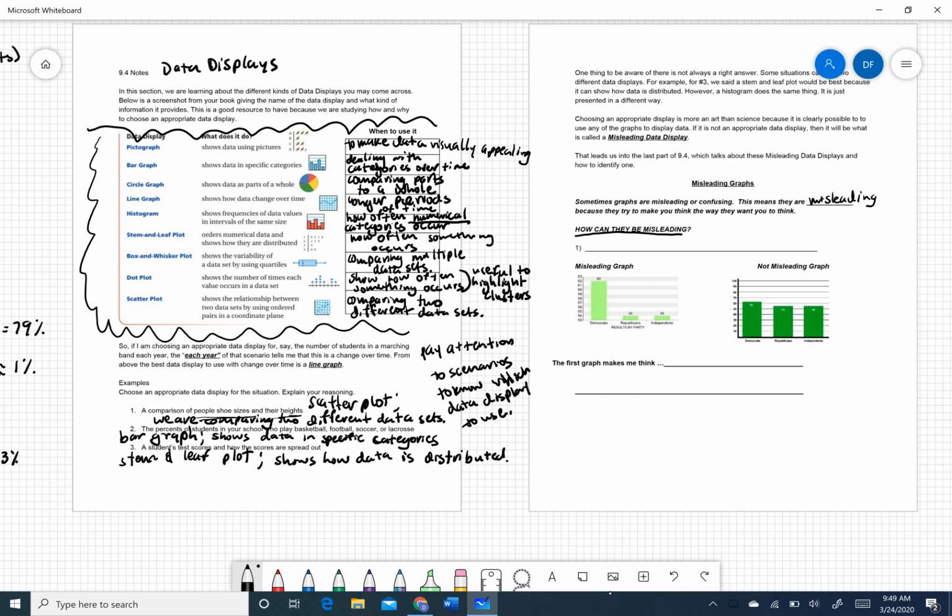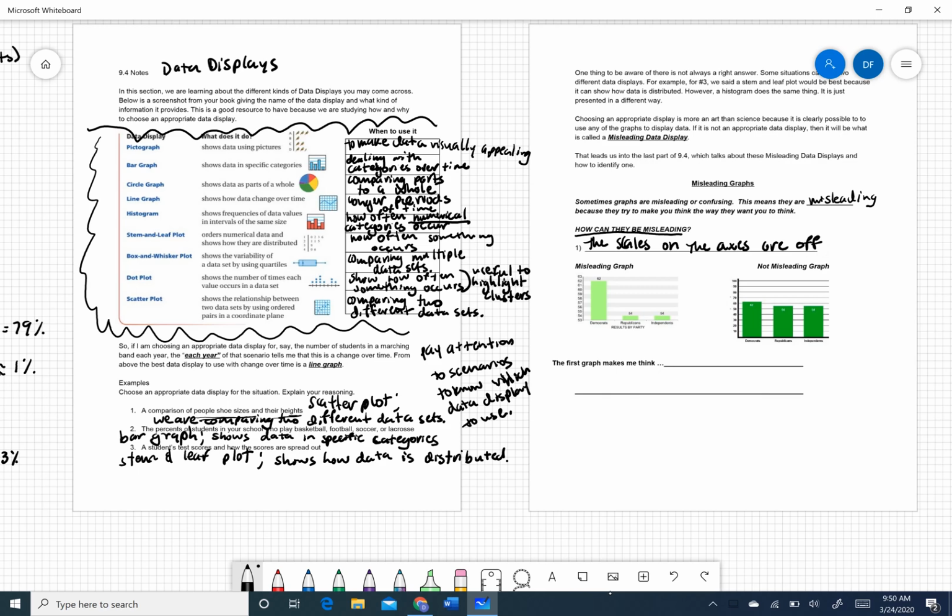So what we can go ahead and write is that the first way that this can be misleading is that the scales on the axes are off, not wrong, off.